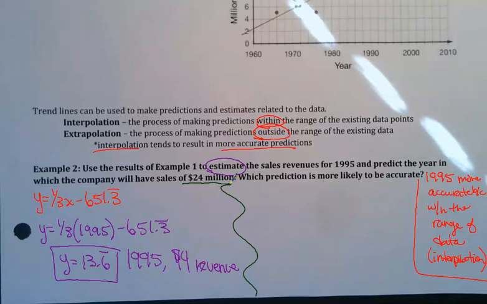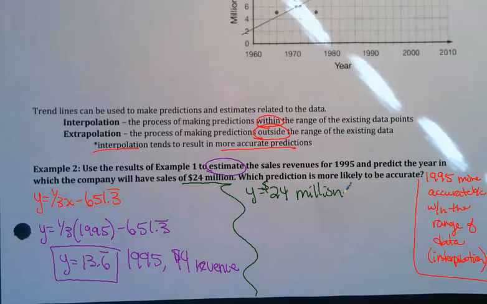No. You have an equation. Everything relates back to this equation. Yes. Okay, because the millions of dollars is on the y-axis. So we're going to plug 24 million in for our y. No, you're solving for x this time. Like you're starting over, you're plugging in 24 for y, and you're solving for x, which would be your year.